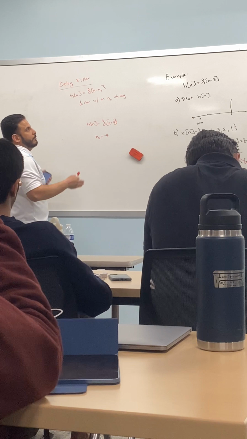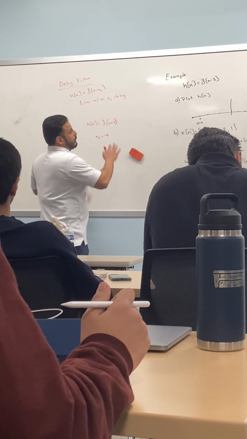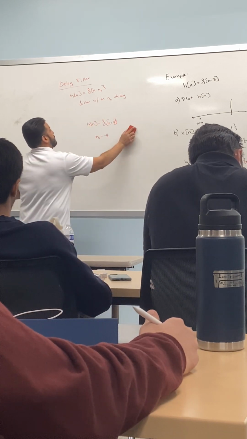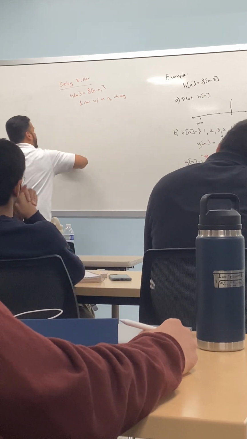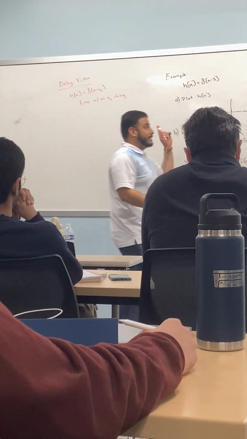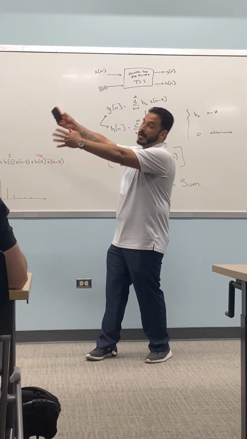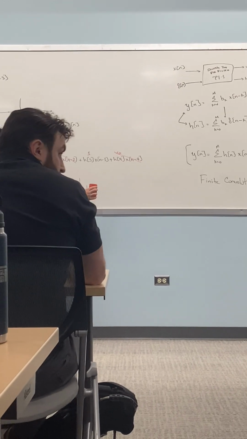You can't really go back in time, but if it's already data, whatever. For non-causal filters it won't work, but for causal filters it will. But anyways, this is just a delay filter. It's a very important property. So that's an easy convolution because it's just one function. Okay, great.